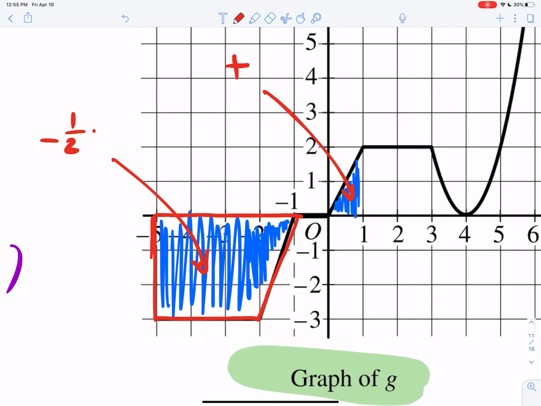The height here is 3. And the sum of the two bases are going to be, that looks like 4, and that looks like 3. Okay, so if you clean that up, but you don't have to, I think that comes out to -21 over 2.